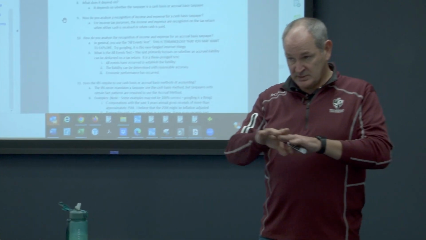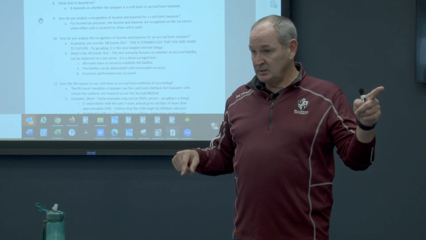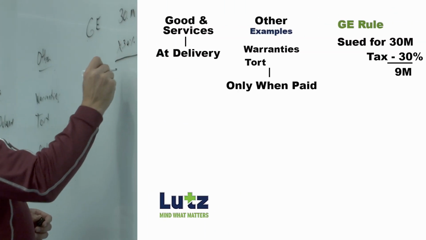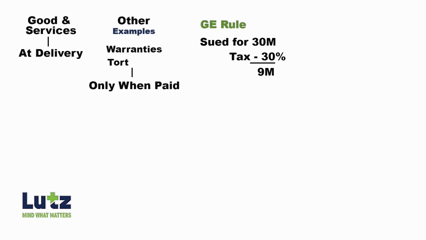So if we just stopped right there, that would be a deduction for GE, okay? And if their tax rate's 30%, that is $9 million of tax savings, correct? So if the only two things that existed were the first two prongs, GE could get a $30 million deduction, and that $30 million deduction saves them $9 million of tax.